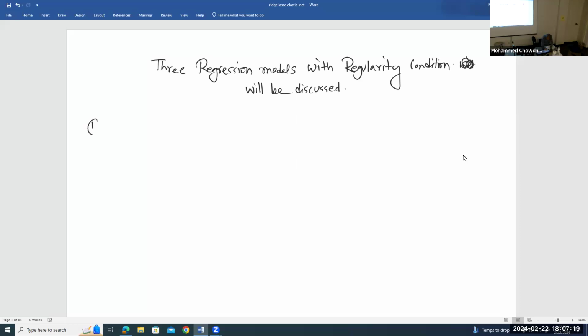Number 1, Ridge regression. Number 2, Lasso regression. So least absolute shrinkage.